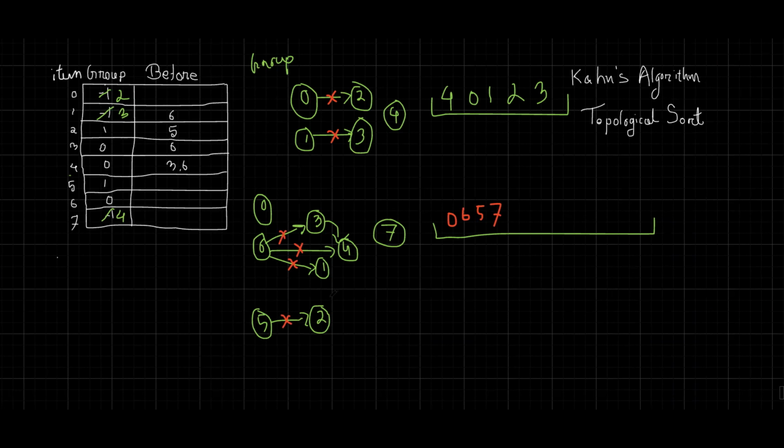Now the elements with in-degree 0 will be 1, 3 and 2. So we have to put 1, 3 and 2 here. Now we have to discard the connection between 3 and 4. So now the in-degree 0 will have the element 4. So far we have found the topological sorted version of the groups and the topological sorted version of the items.